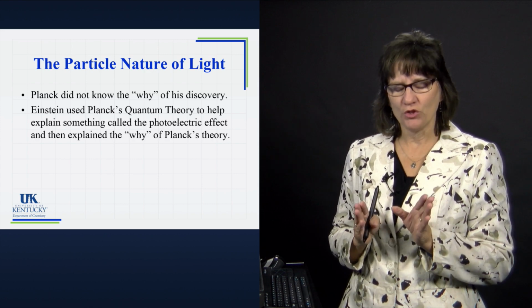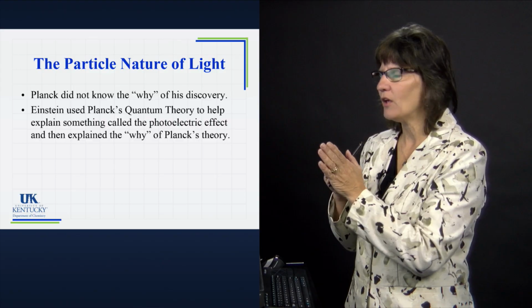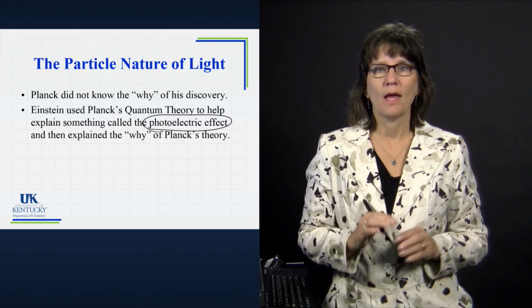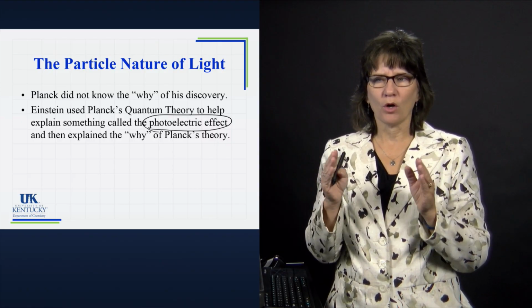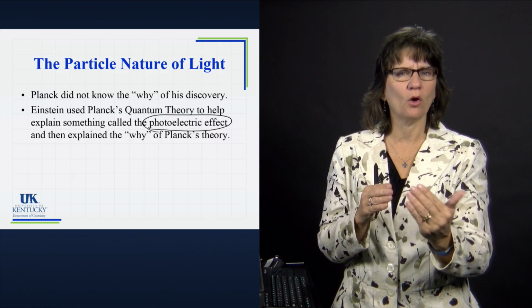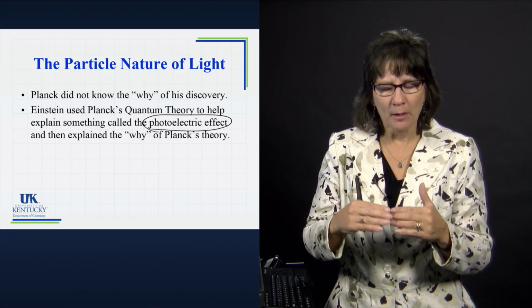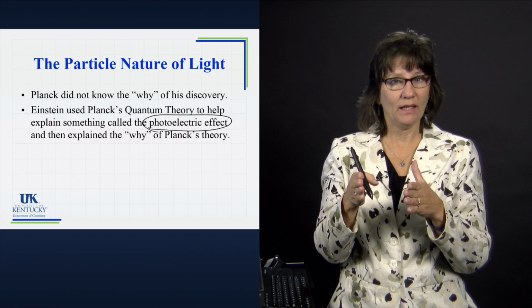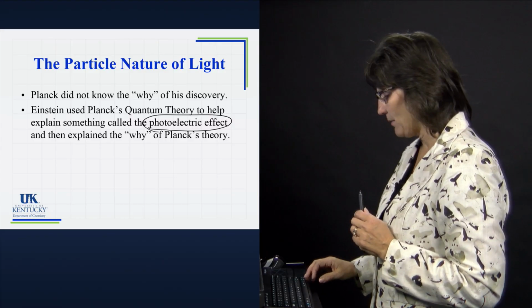What Einstein would do is take Planck's work, and then he took something else called the photoelectric effect, and we're going to really examine this photoelectric effect. He took that work and he could explain why, when this thing glowed, there was an emission of energy that was always a multiple of E equals h times nu.